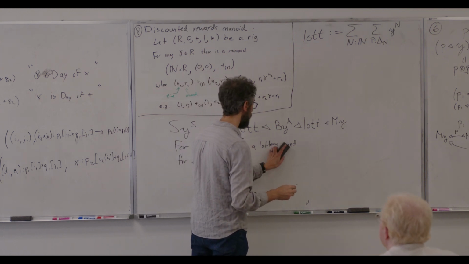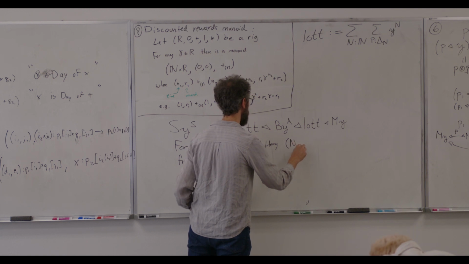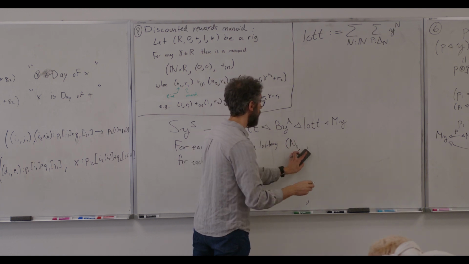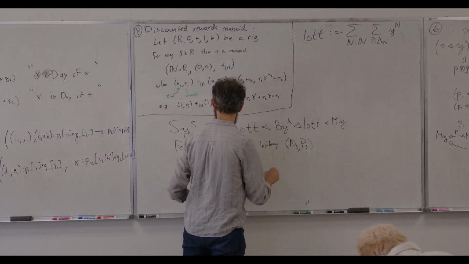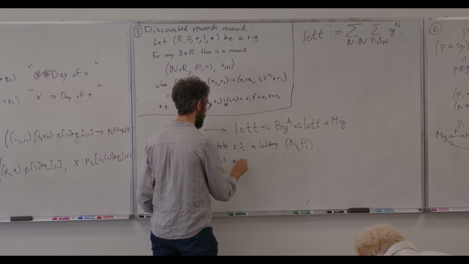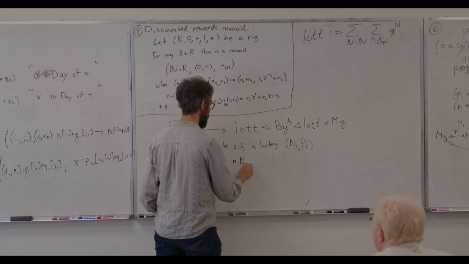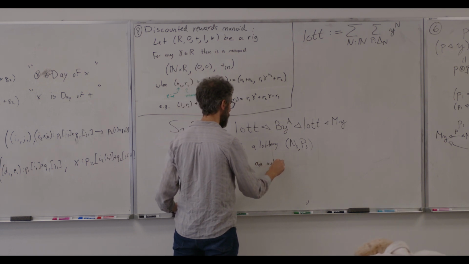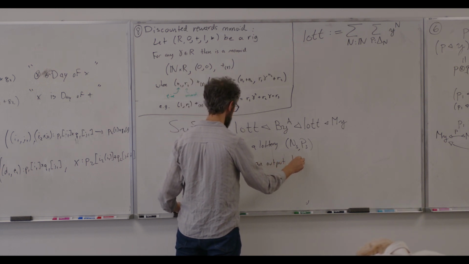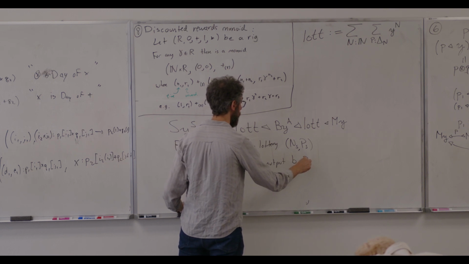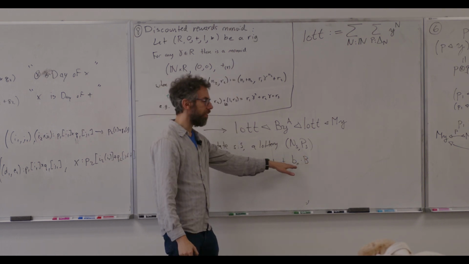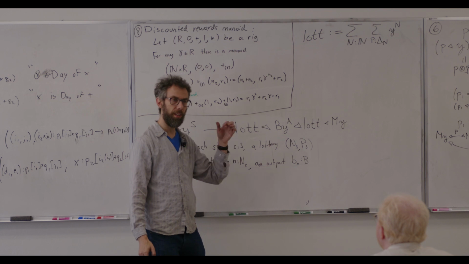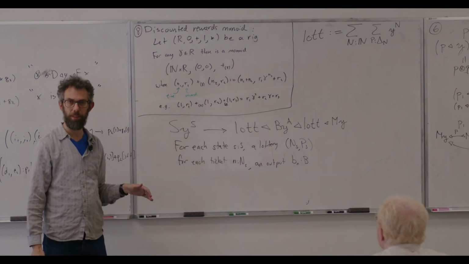Let's see, a lottery N_S, P_S, I guess. And for each ticket n in N_S, an output, B. I'm not carrying all this subscripting I should probably be carrying along with me, but maybe you can just read it anyway.